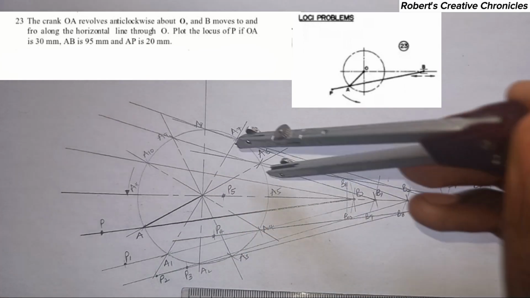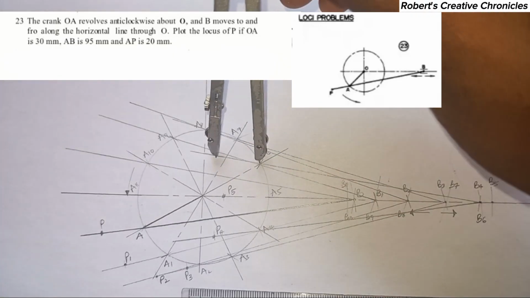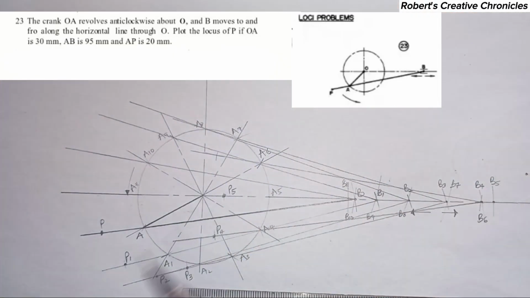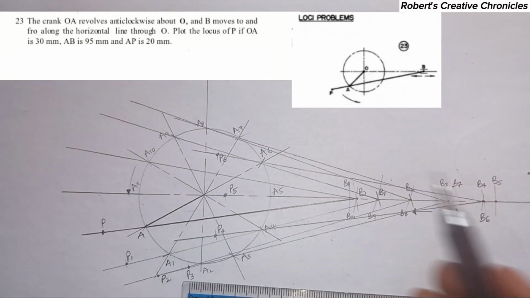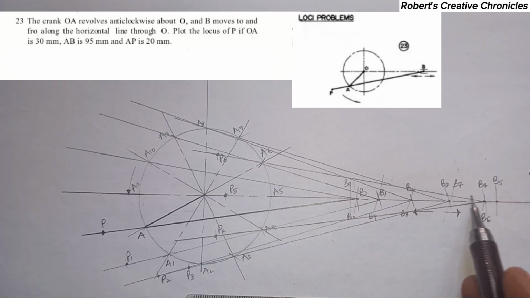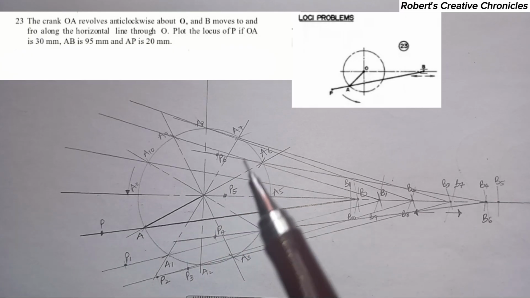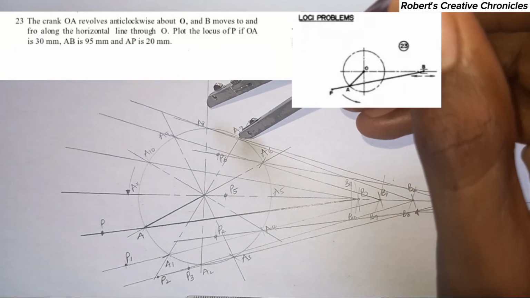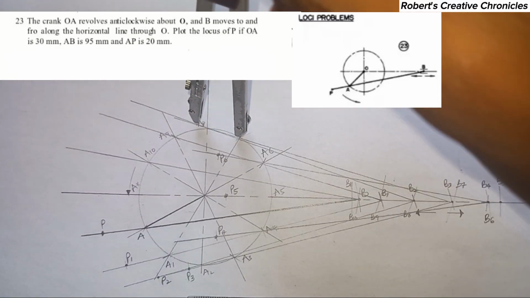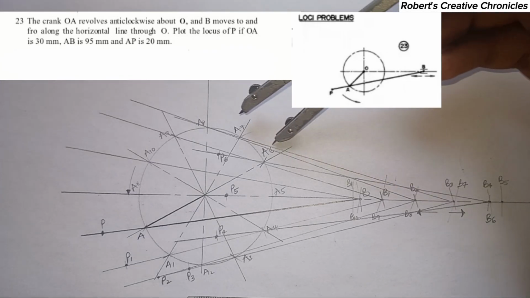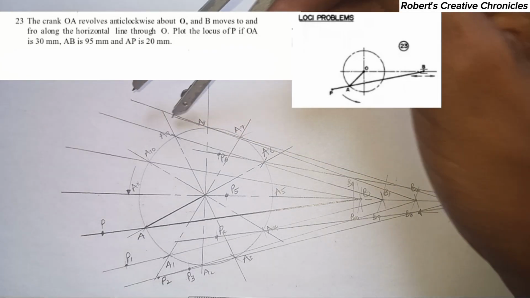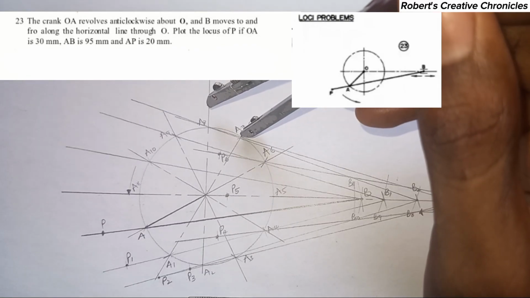It will be here. This is P6. That's from this line from B6. Then 7. P7 is this one, which is this.